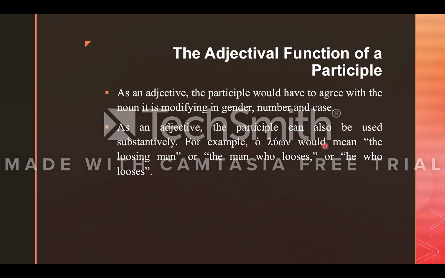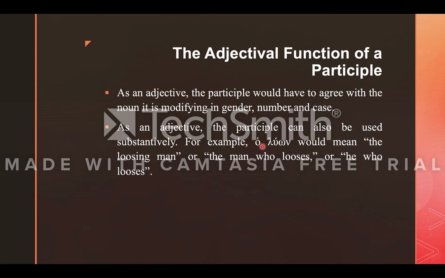Ho luon will mean the losing man. Why would this mean the losing man? Because we know that luon is a masculine form of the participle, and we also know that ho is the definite article telling us the. So it's like saying the losing man, or the man who loses, or he who loses.